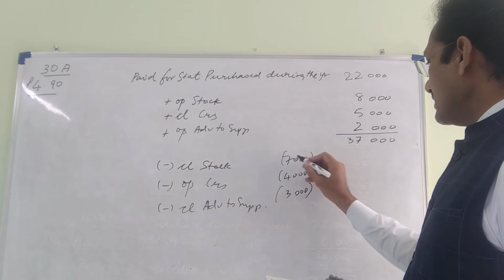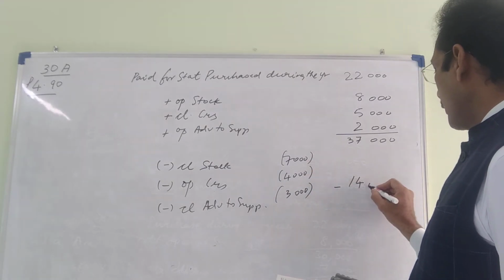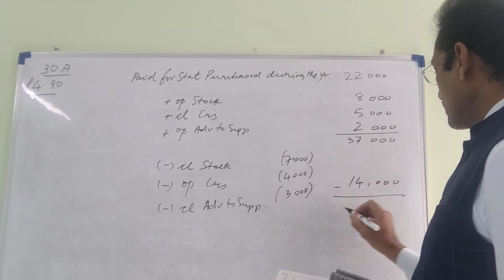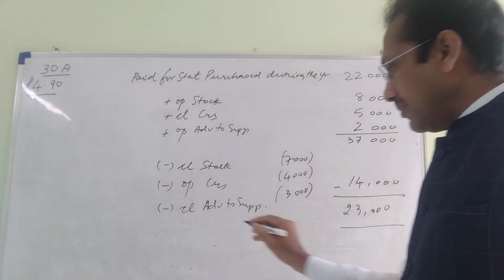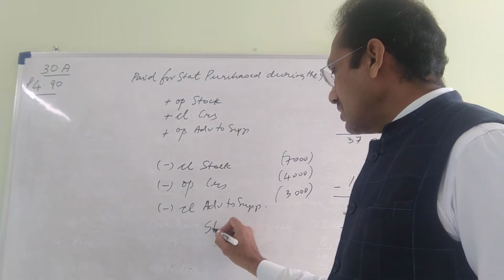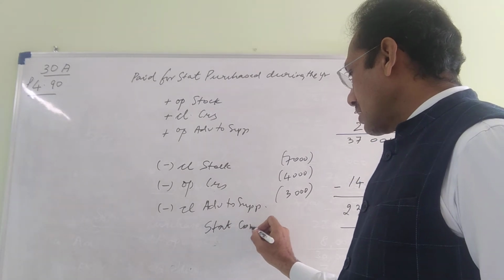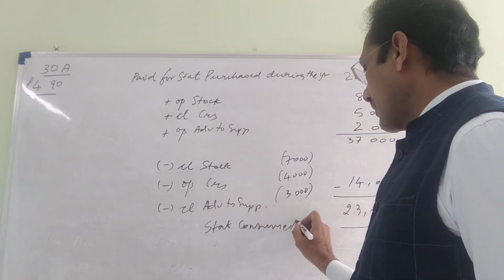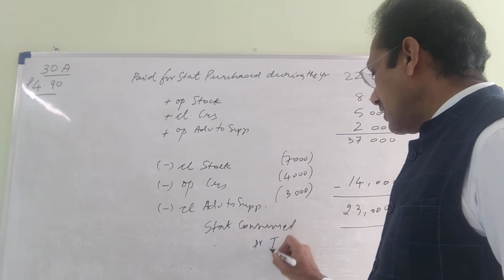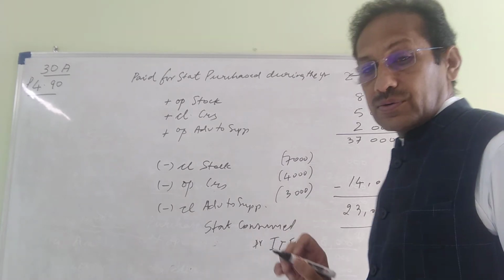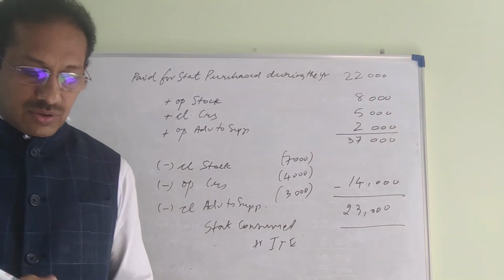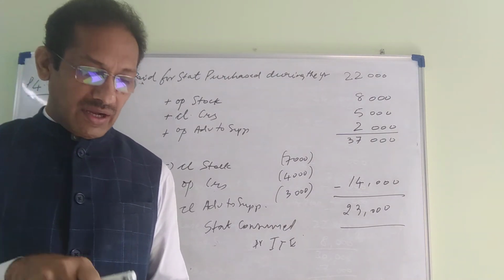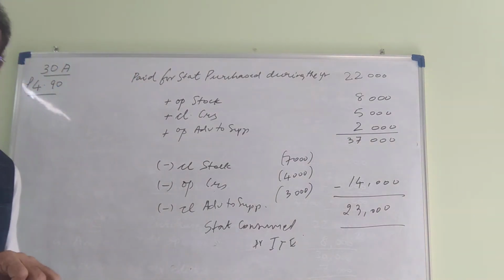So we will minus 14,000. So you will get 23,000. That will be stationery consumed, debit side of the income and expenditure account. So these are the two ways in which you can do the questions.